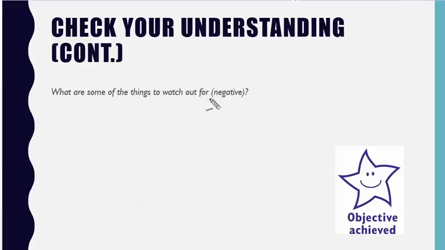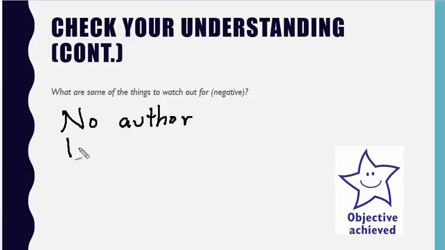Alright, and just for the fun of it, let's do what are some of the things to watch out for. These are the things in red. So the first thing is no what? Author. That's right, if it has no author, that is bad.